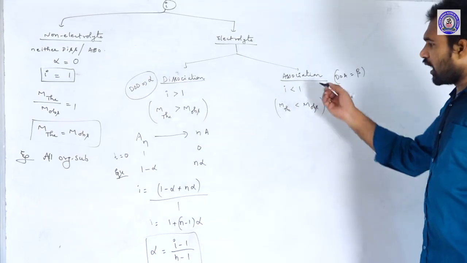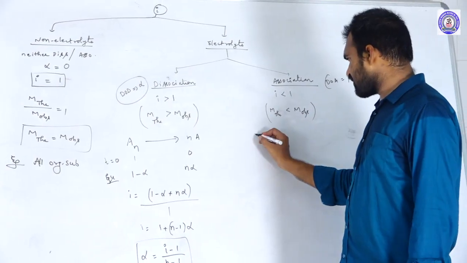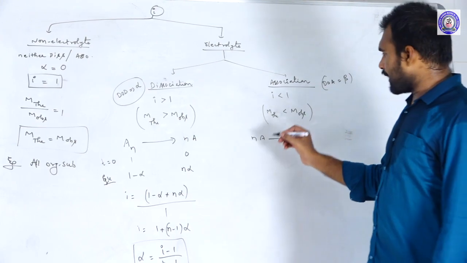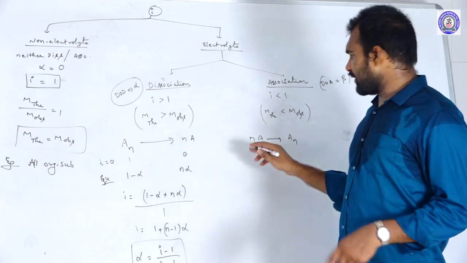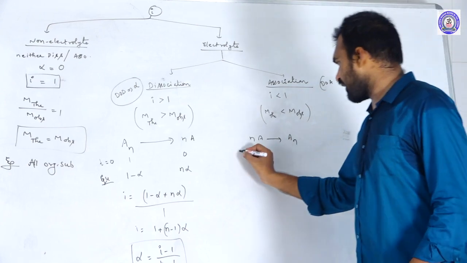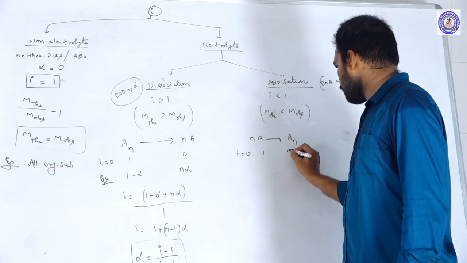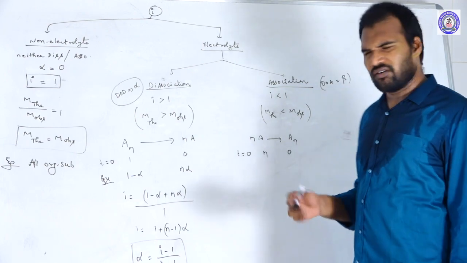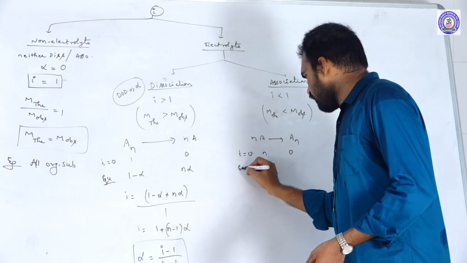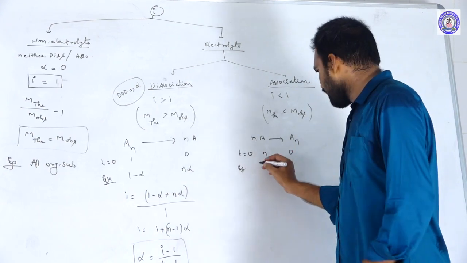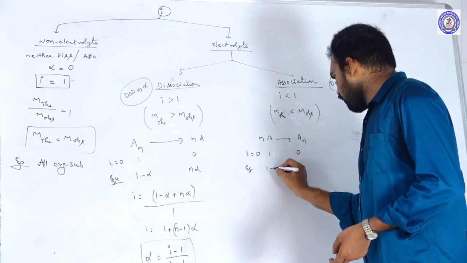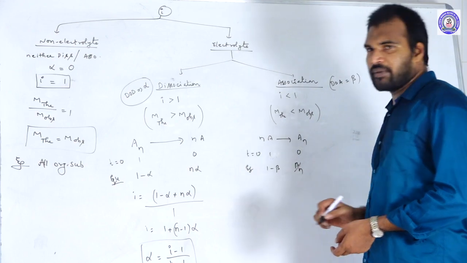Okay, next move to the association. Suppose, in reverse, n moles of A associate giving AN. At time t is equal to 0 it is 1 and 0, and at equilibrium it will be 1 minus beta, and beta by n.